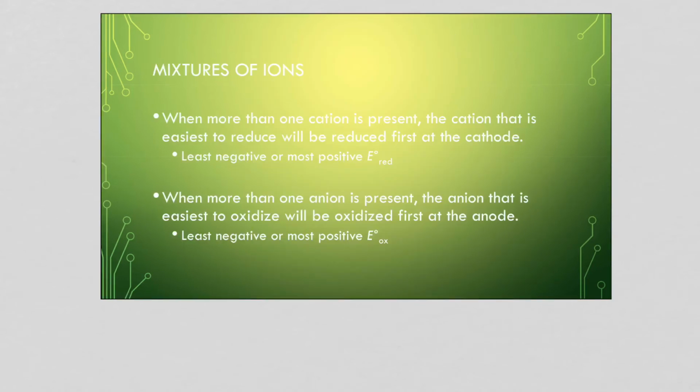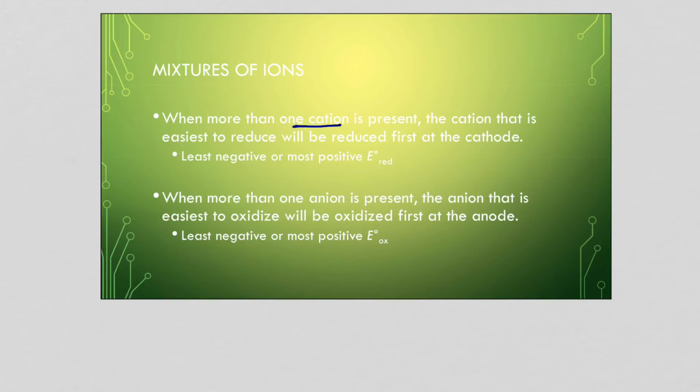Now, what if we have a mixture of ions? So what if we didn't just have pure sodium chloride, but we had sodium and another metal in there as well? Well, basically, if we have more than one cation, the cation that is the easiest to reduce.